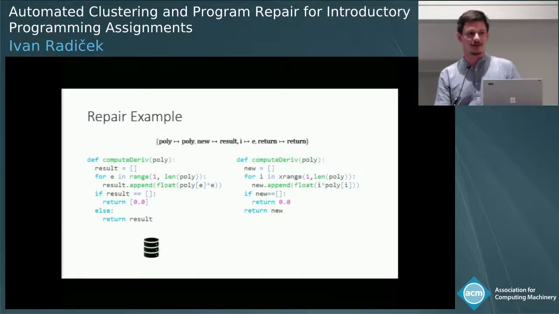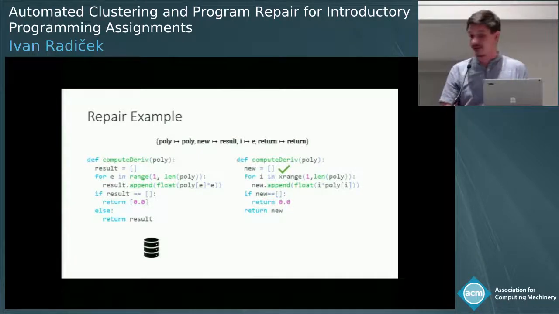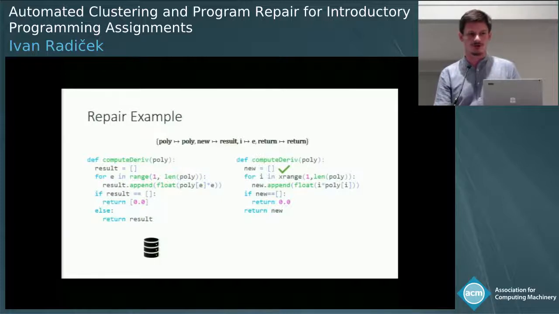And now we examine the correct and incorrect expressions in this program. So we start: result and new are definitely taking the same values. So new is a correct expression because it takes the same values as the one in the reference cluster, result.